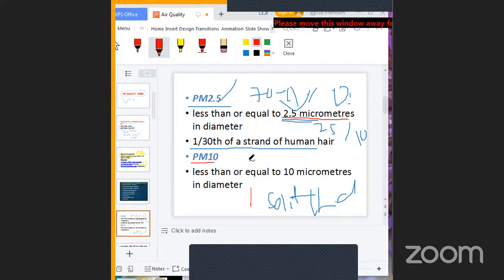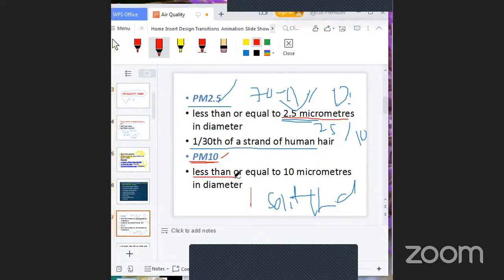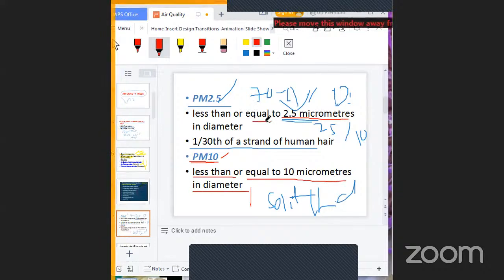Then we go to PM 10, particulate matter 10. It refers to inhalable particles that are less than or equal to 10 micrometers in diameter. PM2.5 is less than or equal to 2.5 micrometers in diameter, and PM10 is equal to 10 micrometers in diameter.